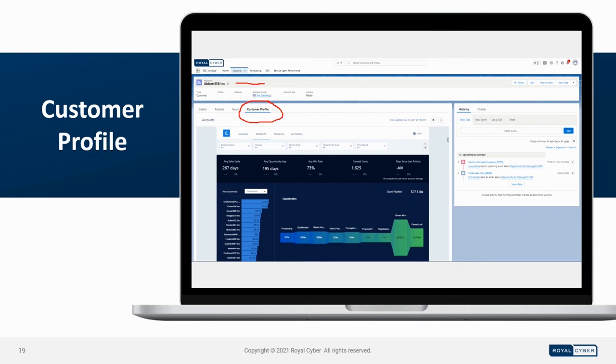So it says the win rate with this customer is 73%, which is good. Now it also says what kind of business this customer has given. So when a salesperson gets such kind of data, it basically helps him to understand the customer better. And over here, you've got a lot of filters which they can play around with and see based on the time frame that they are interested in, and so on and so forth.